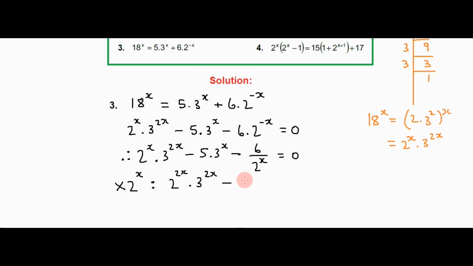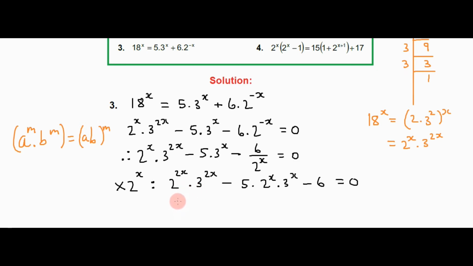Here we're going to get 5 times 2 to the x times 3 to the x. We're going to apply this law of exponents: a to the m times b to the m can be written as a times b all to the m.